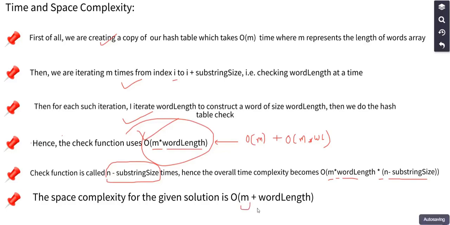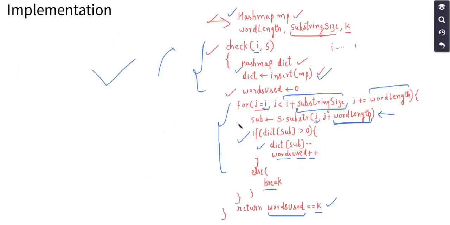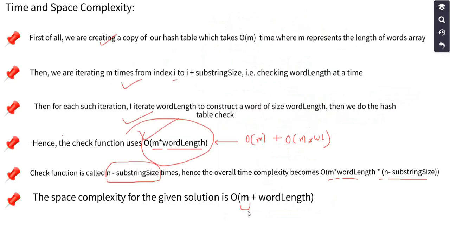So here we can see that in this variable sub, we are storing substrings of size equal to the word length. This adds an extra space complexity of big O of word length. Hence the overall space complexity becomes big O of m plus word length. Fine. So that is the time and space complexity for the given solution.